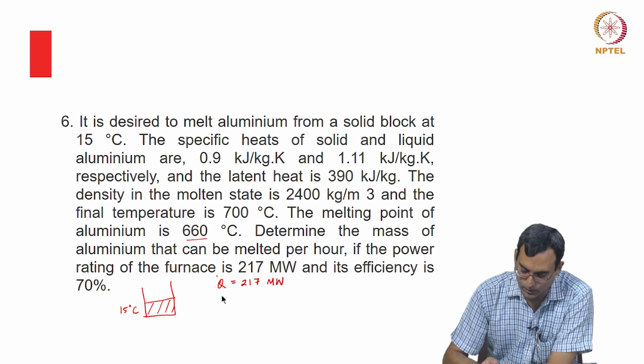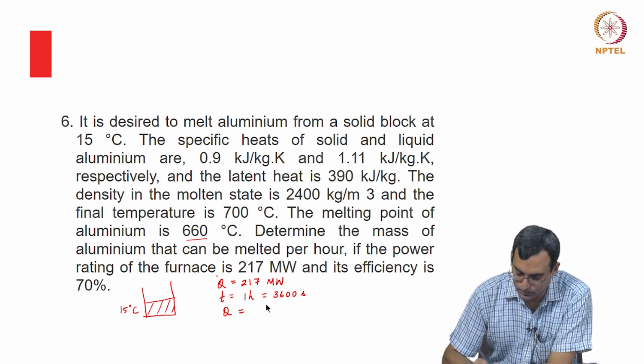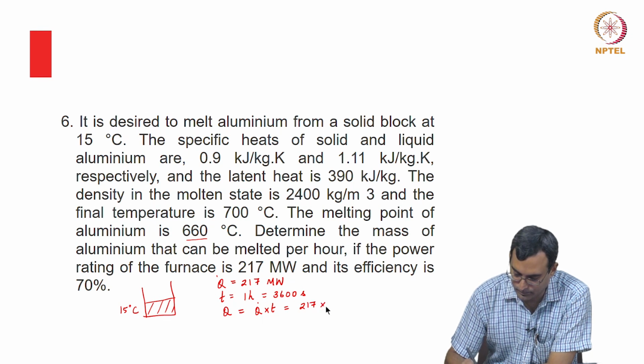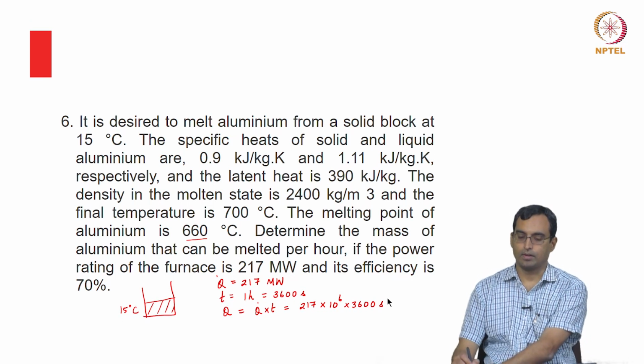This process goes on for 1 hour. So, I can find out what is Q. One megawatt is 10 power 6 watts. So, this is the total amount of heat which is transferred.